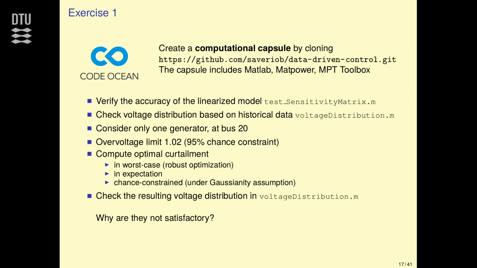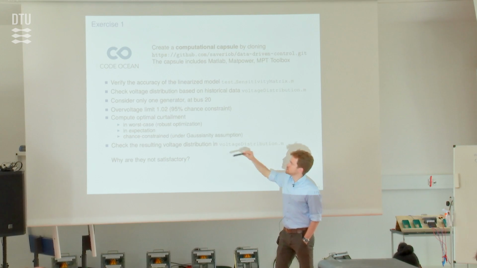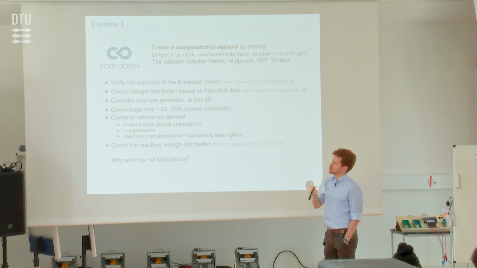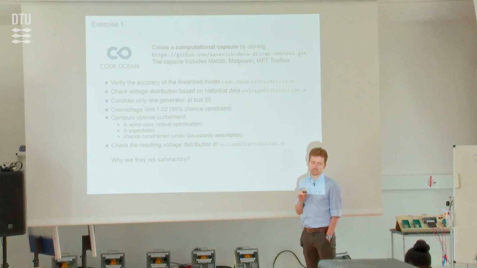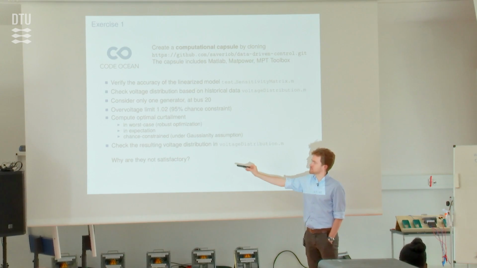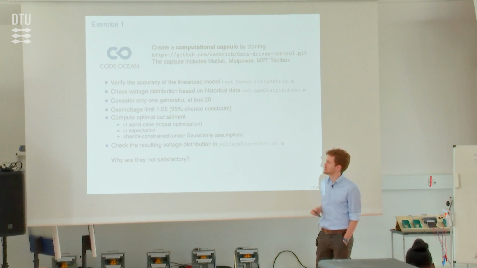Assume the data are Gaussian, and compute the 95% percentile of the Gaussian distribution. And then you take these three numbers, you pretend that the generator is injecting those three numbers, and you see what is the resulting voltage distribution. And there's a spoiler here: you have to tell me why it doesn't work.